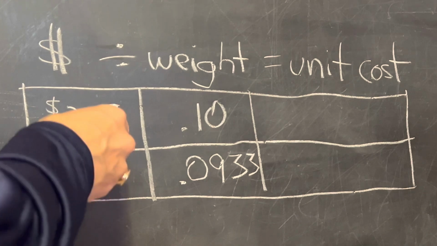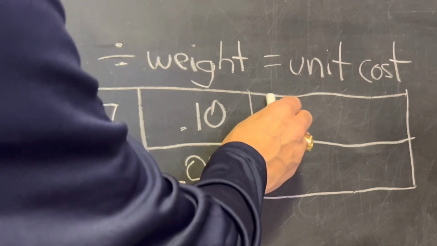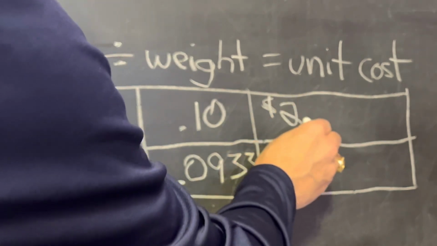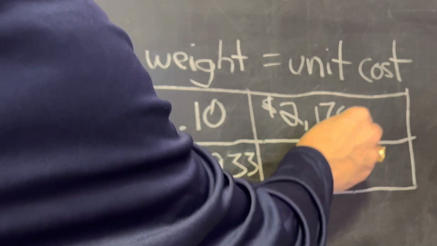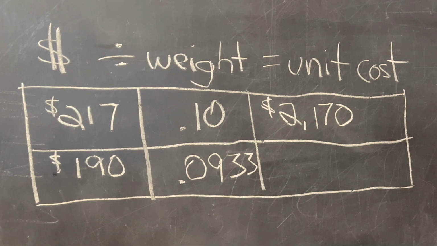You take the 217, you divide it by 0.1, and you get a total of 2170. That is the unit cost per ounce. Back to the good old 10 franc.